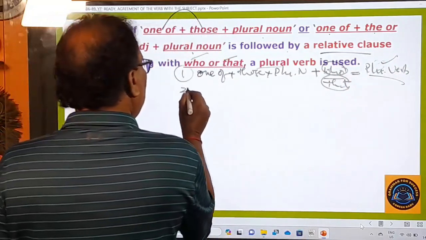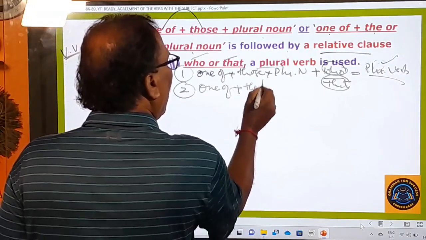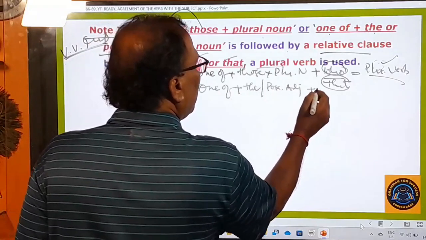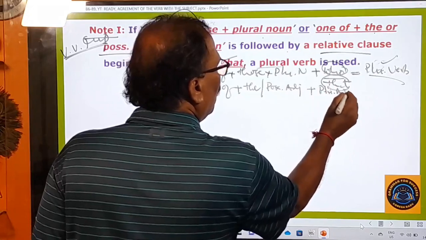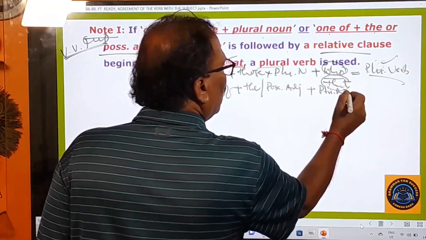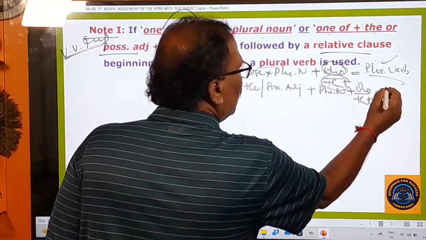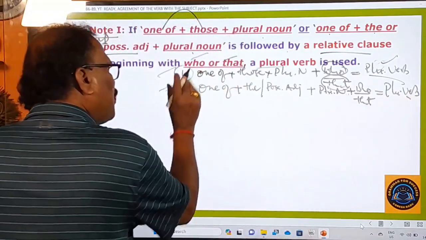And the next, second diagram is there. One of plus the or possessive adjective plus plural noun, plus who or that, is equal to plural verb. That is there. Remember these two patterns.